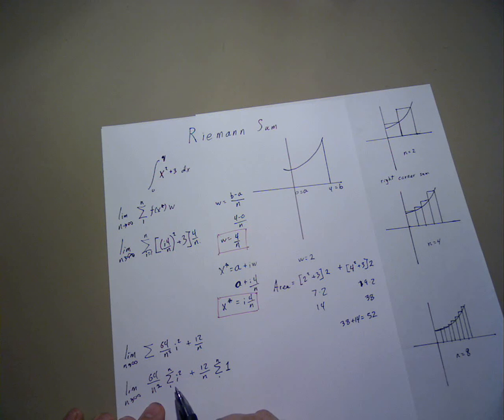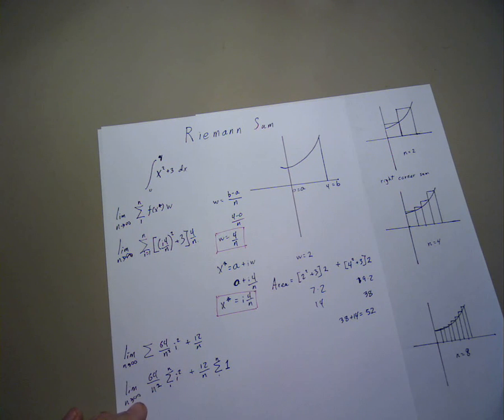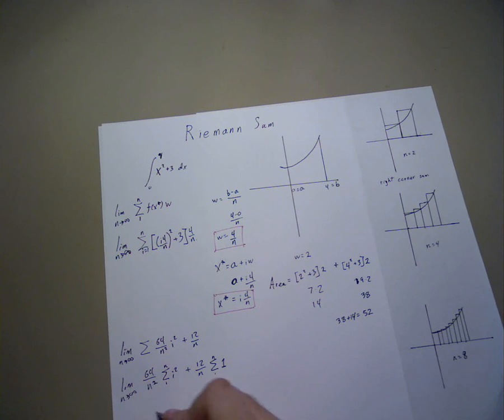Now this looks a bit nasty, but there are formulas for these that we can use. The value of this happens to be the value of this part right here. So we have our limit 64 over n.